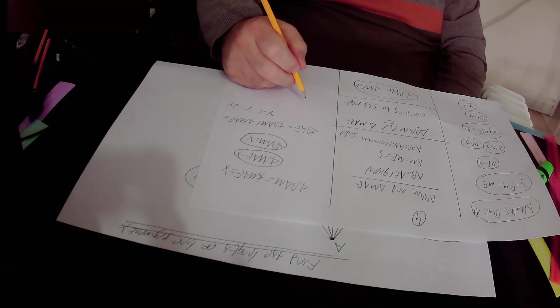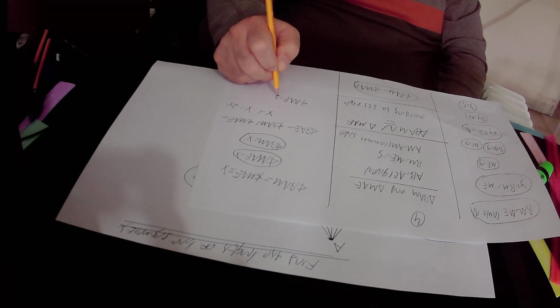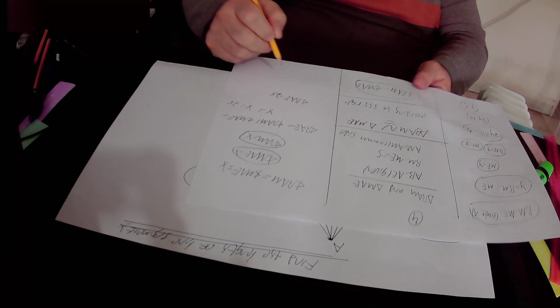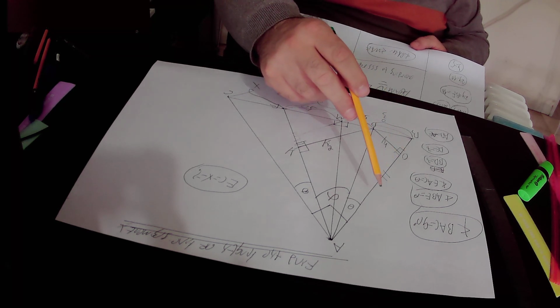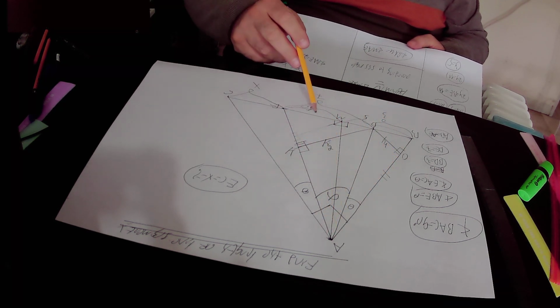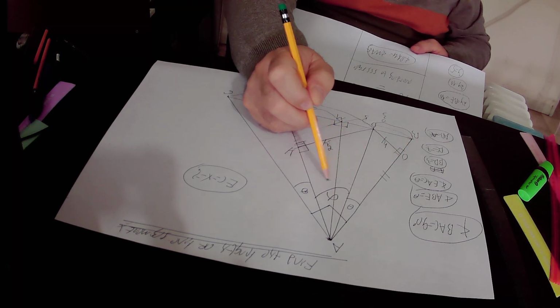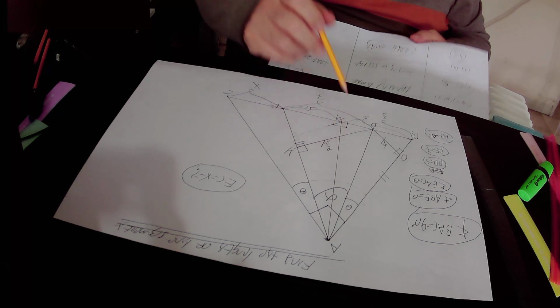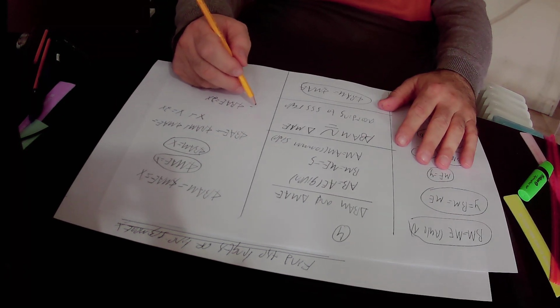So actually we found out that angle BAE equals 2x from one side, but from the other side, what is the value from the drawing? You can see that angle BAE equals theta plus alpha.